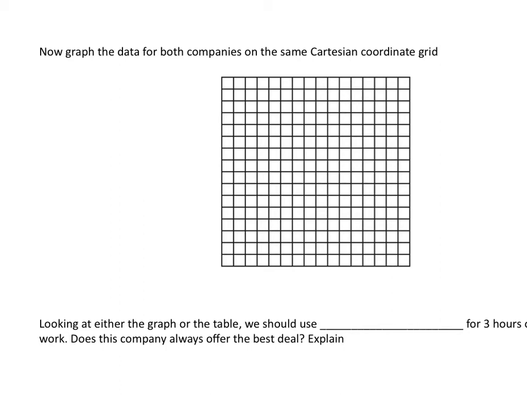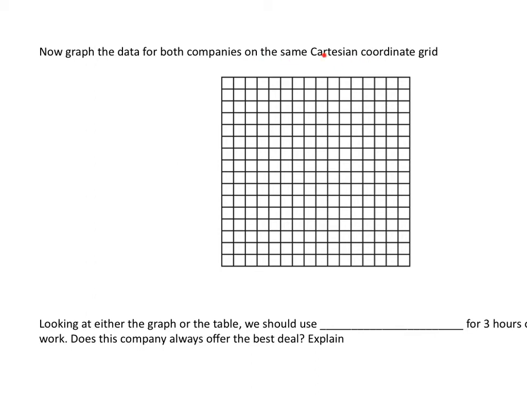So again, make sure that you go ahead and label your axes appropriately. So we have time in hours and cost in dollars. Remember, time is always plotted along the x-axis. So time in hours is going to go down here on the bottom of our grid. And along the side on the y-axis, we're going to have cost in dollars.